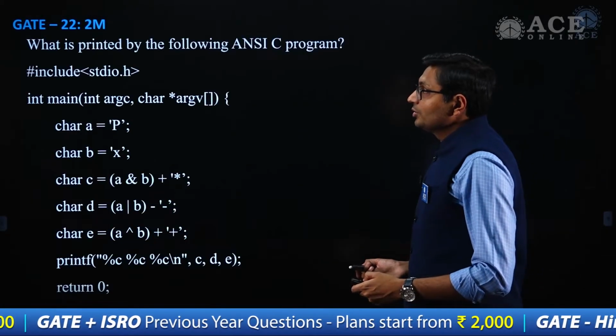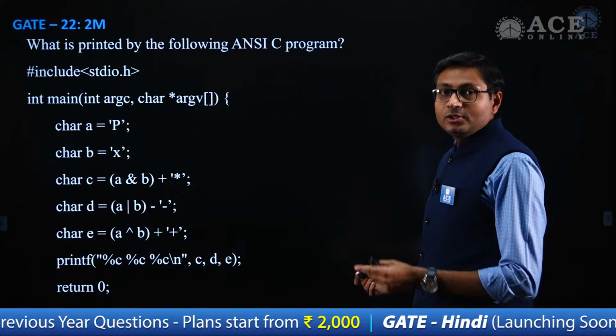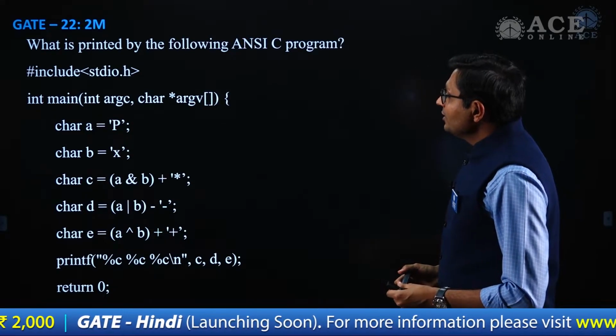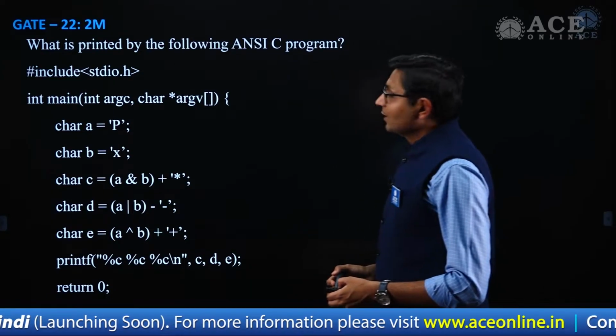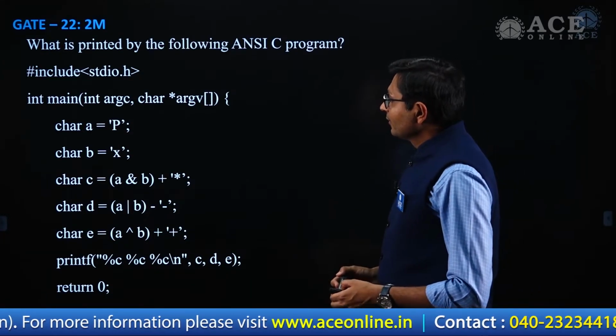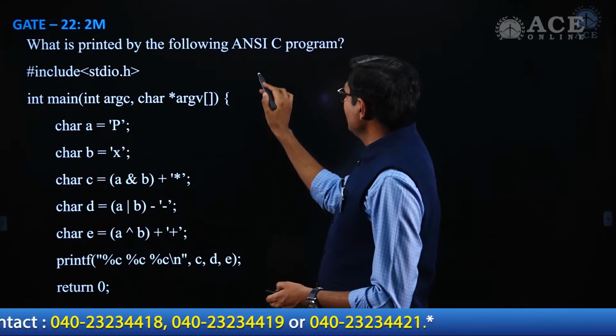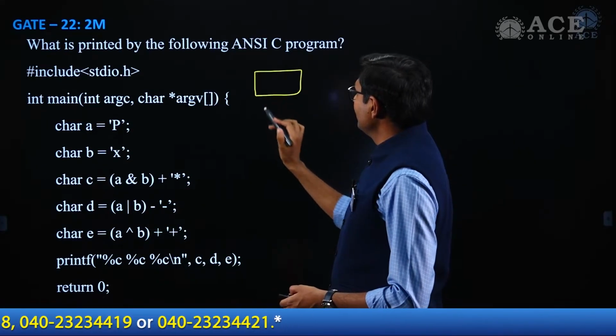Let's see the third question that was asked in GATE 2022 for 2 marks. What is printed by the following ANSI C program? In the main function, character A, let me just draw and show it in the memory.